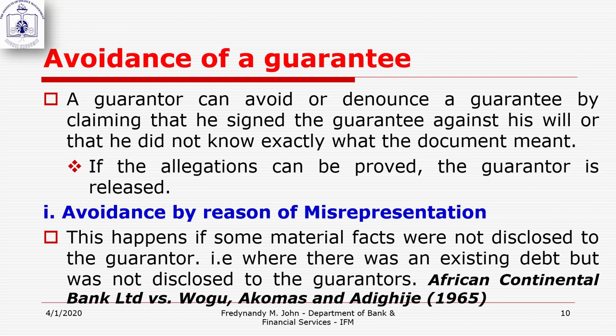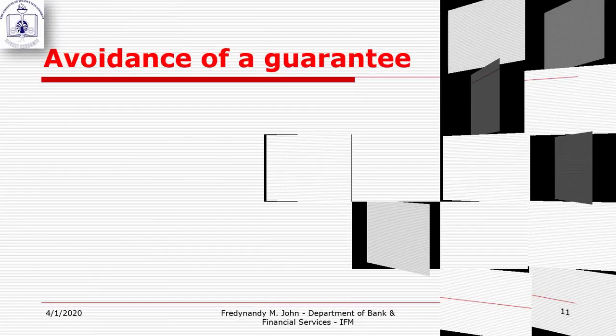So the point here is that a banker is supposed to sit down for a face-to-face interview with the guarantor and ensure that the guarantor fully comprehends what he or she is going to guarantee. He really needs to comprehend the entire amount, time, interest, and if there is an existing debt under that guarantee contract, everything must be open to the guarantor. Short of that, the guarantor can avoid by reason of misrepresentation.